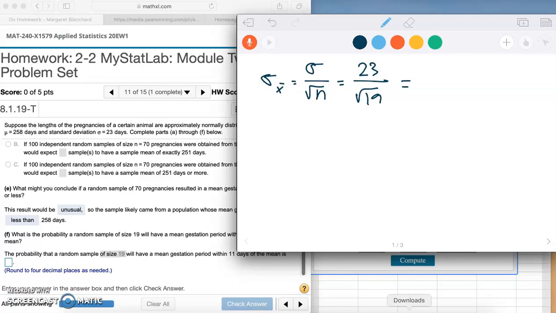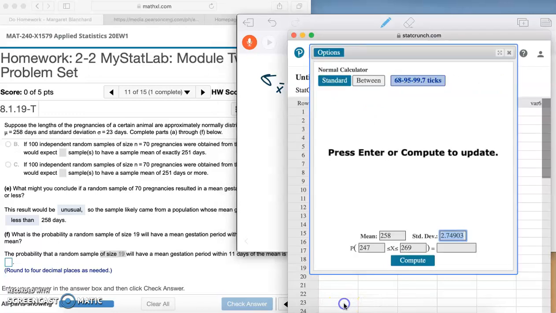That is 5.27656. Now notice our sample size is smaller. It's only 19. Our standard deviation is much higher than it was with the sample size of 70. That's important. 5.27656.